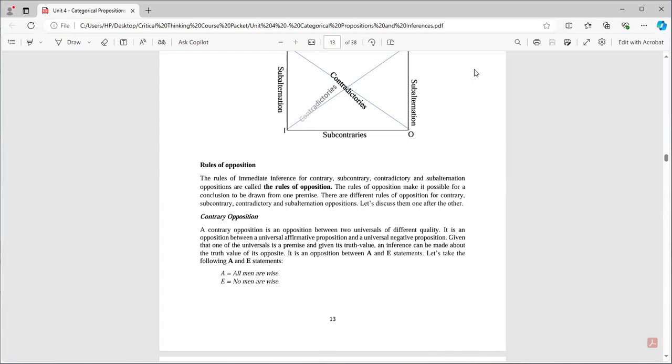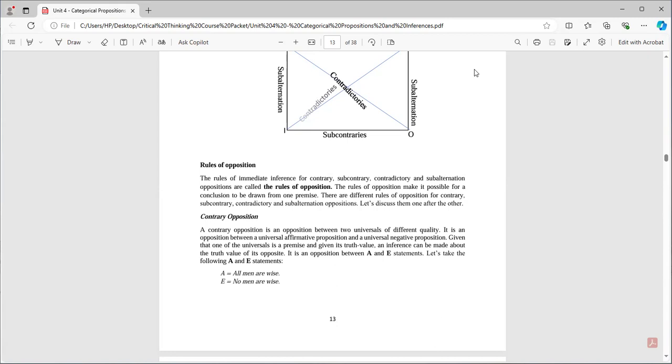In immediate inference, you have one premise. On the basis of that premise, you draw a conclusion. So we have two statements here. All men are wise. We are looking at contrary opposition. Contrary opposition is made up of universal affirmative versus universal negation. All men are wise.